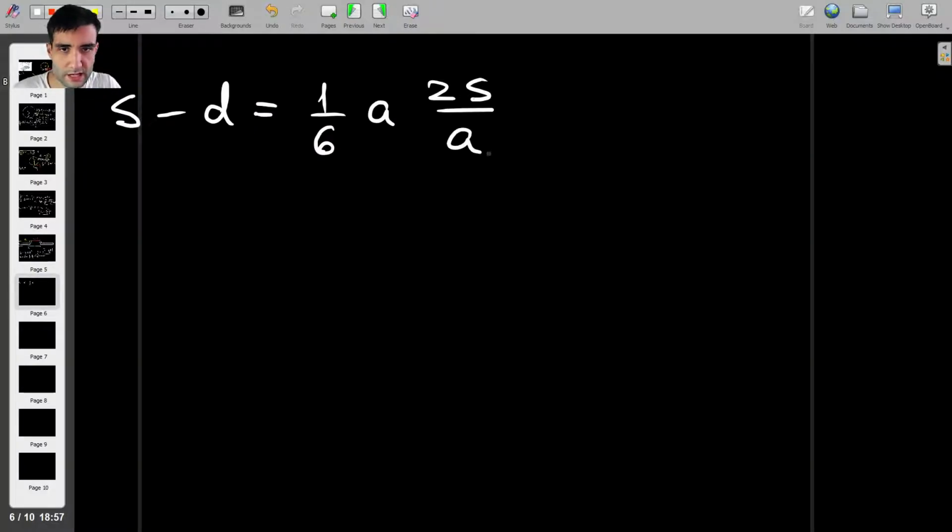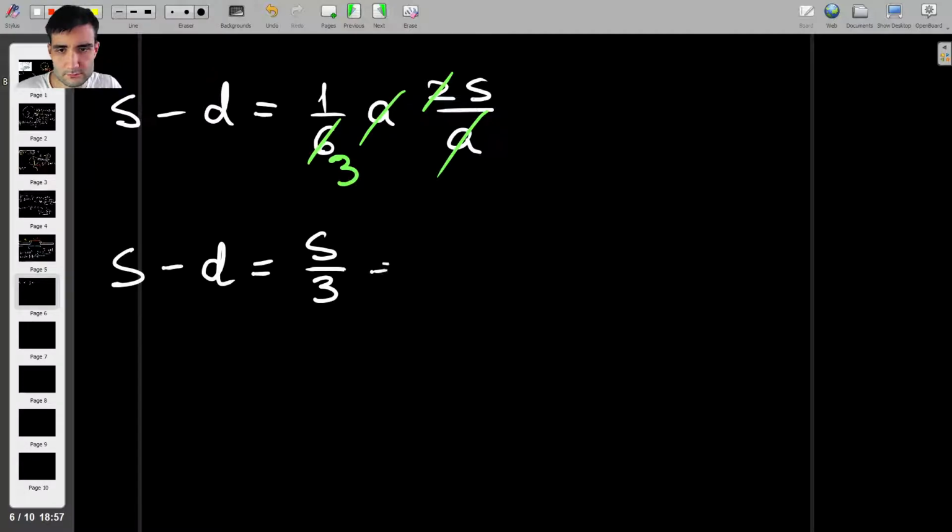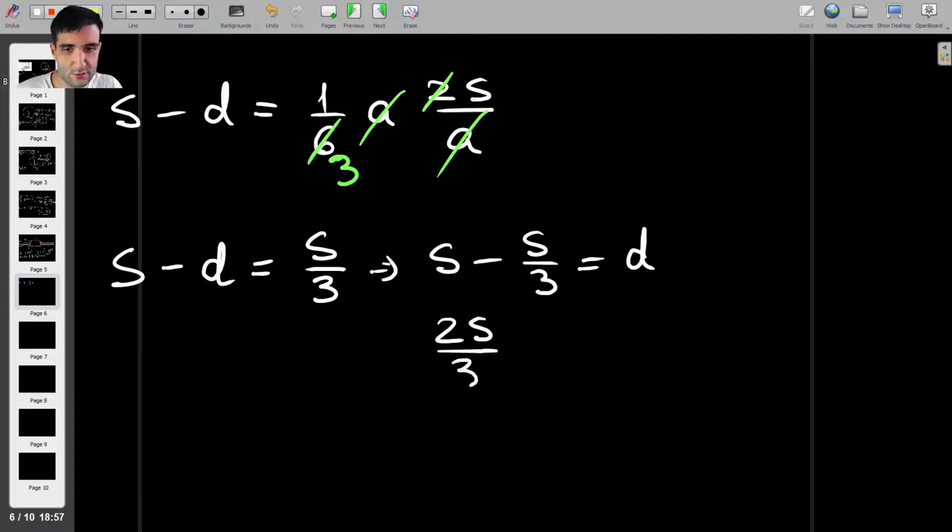In this case, the acceleration a is going to cancel, and the 2 cancels with the 2, and we get a 3. And finally, we end up with s minus d equals s over 3. Which means that if we rearrange this, s minus s over 3 is equal to d, therefore 2s over 3 is equal to d, therefore s is equal to 3d over 2.